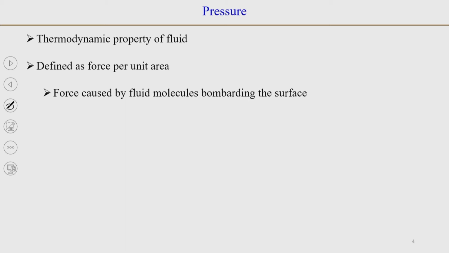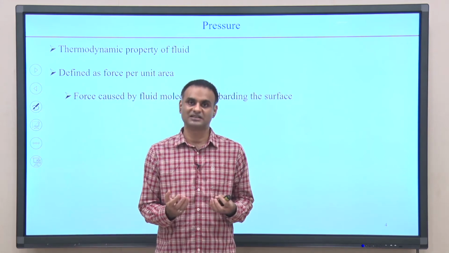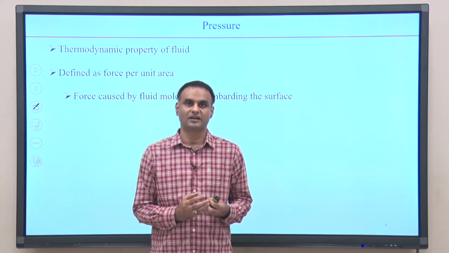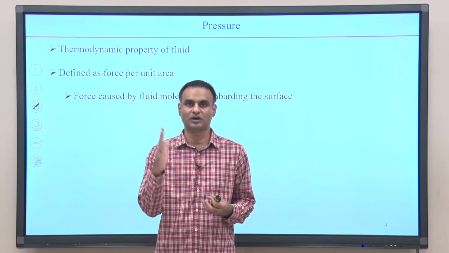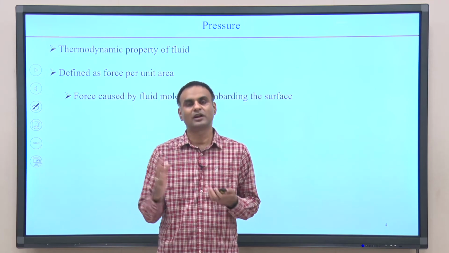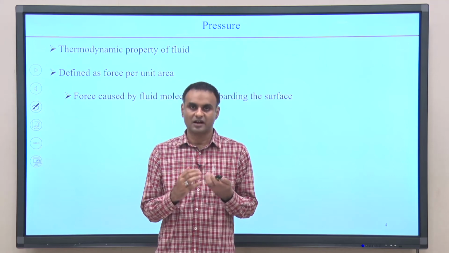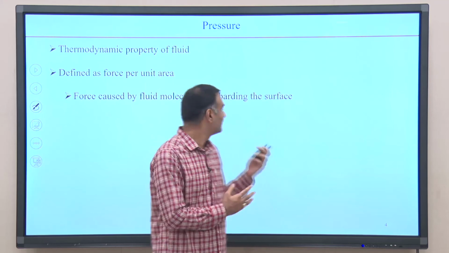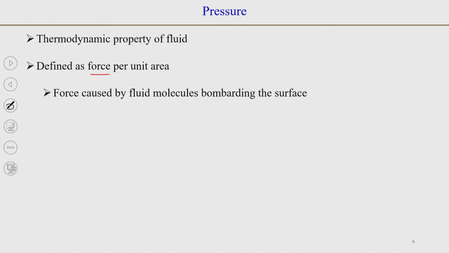So, when you have a surface, you can have a real surface or an imaginary surface inside a fluid. Because of the molecular motion, all the fluid molecules will collide with the surface, and the net force that acts on this surface is what we call the force when we define pressure as force per unit area.